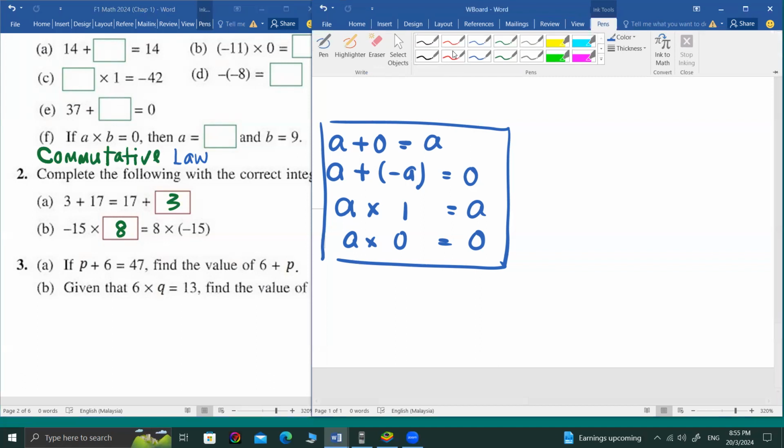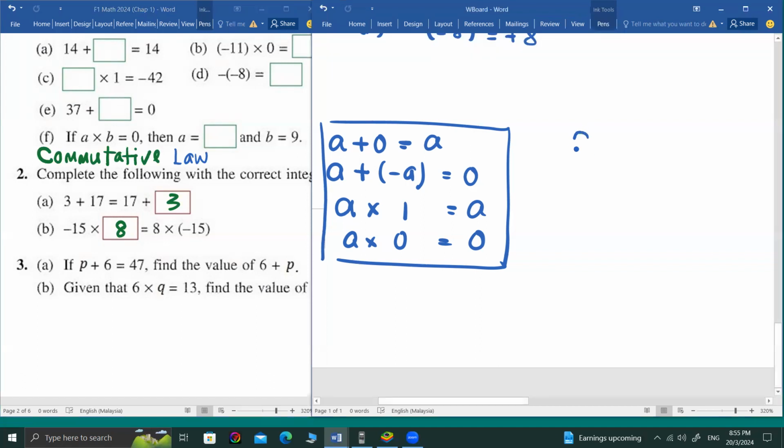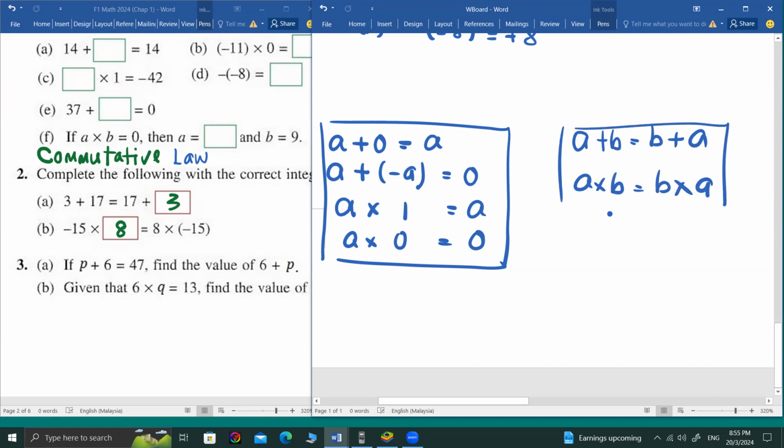Commutative law means, can write somewhere also, A plus B same as B plus A. A times B same as B times A. So this we call it commutative law. Okay, copy this also. 它会用 unknown 来问你. Sometimes in exam they will use MN, PQ, RS, AB to ask you. Got it?